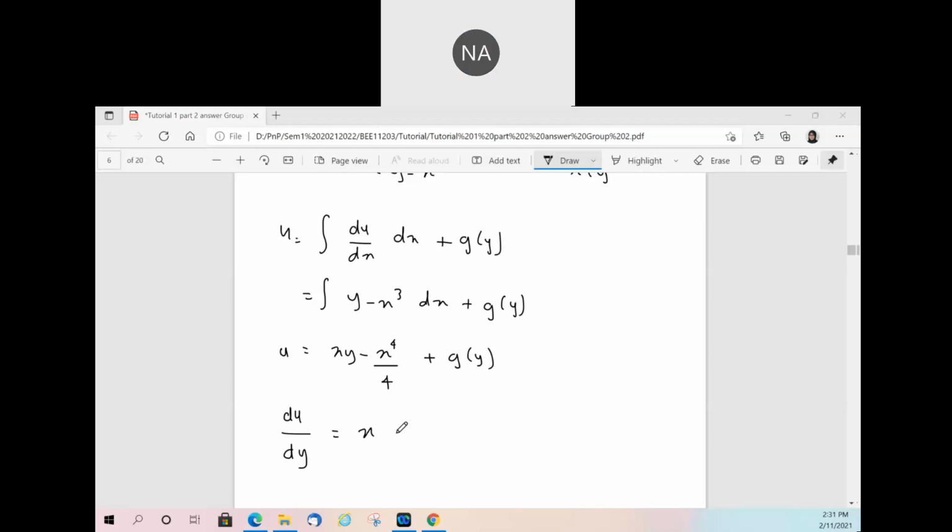You differentiate x^4 over 4 with respect to y. Is there any y here?